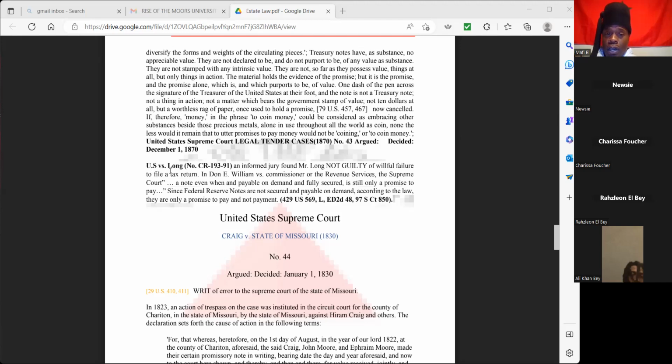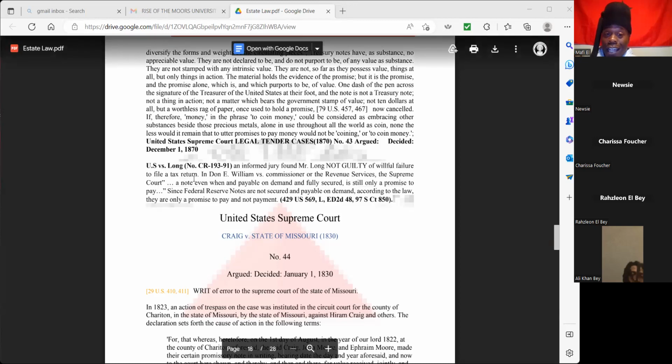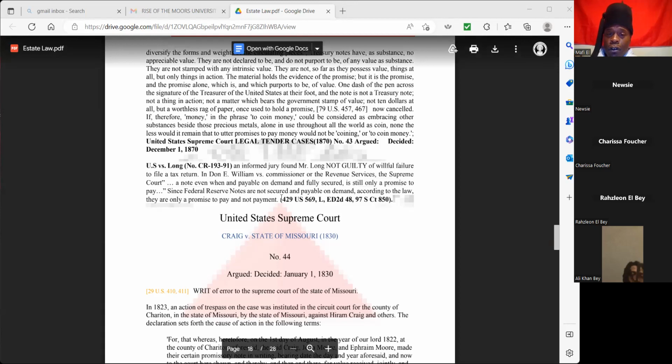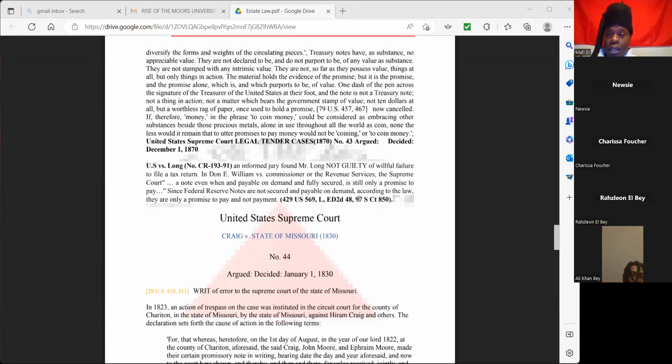More case law, U.S. versus Long. An informed jury found Mr. Long not guilty of willful failure to file a tax return. In Don E. Williams versus Commissioner of the Revenue Services, right, IRS, the Supreme Court said, quote, a note even when payable on demand and fully secured is still only a promise to pay, since the Federal Reserve notes are not secured and payable on demand.